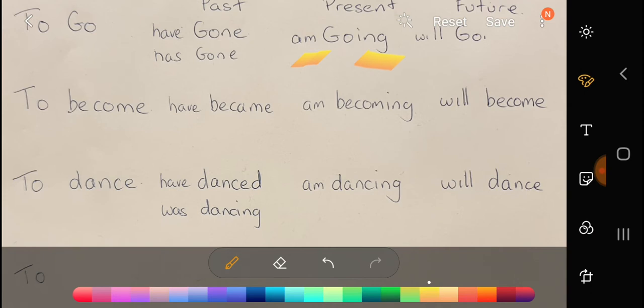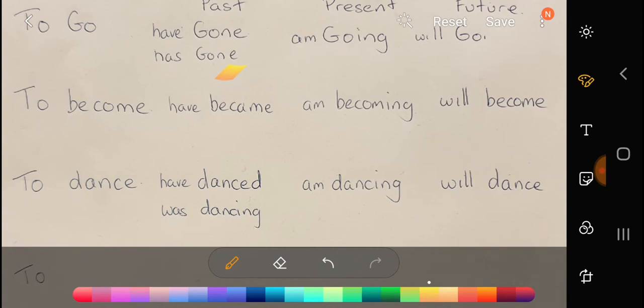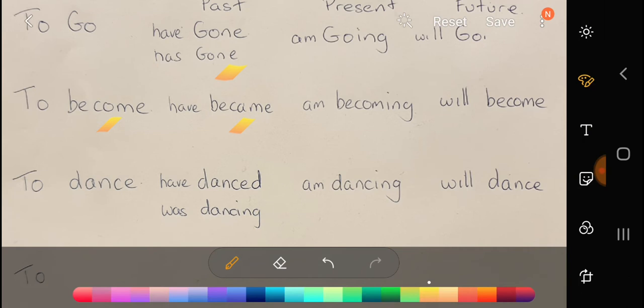And as you can see with the past, we also change the verb, and for different verbs, for to become, we change the o to an a, and for to dance, we put an ed, or we can use was dancing. That would be a past present tense, but it gets too complicated, so we won't worry about that.